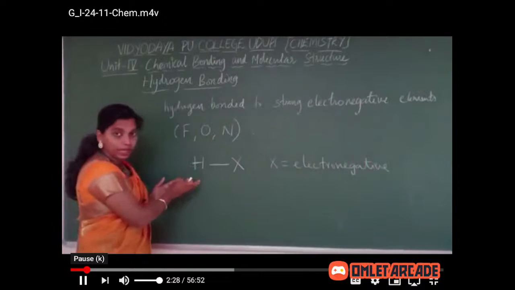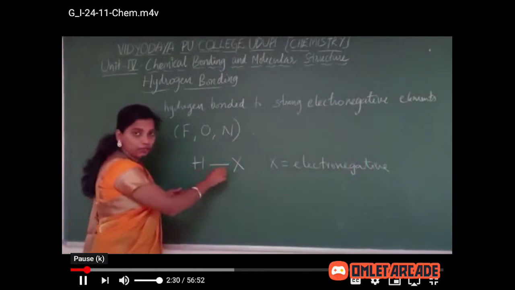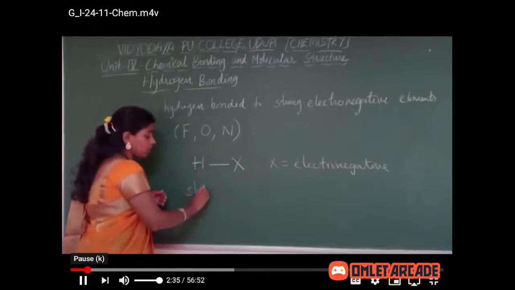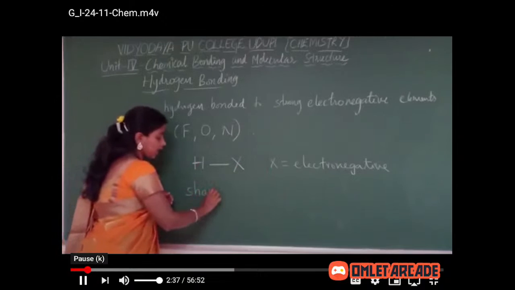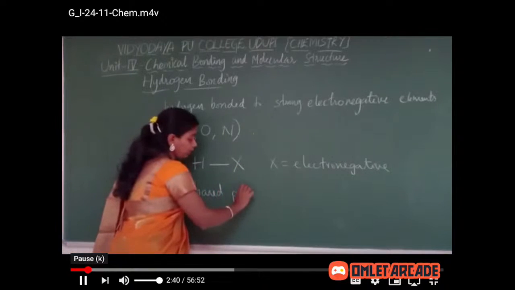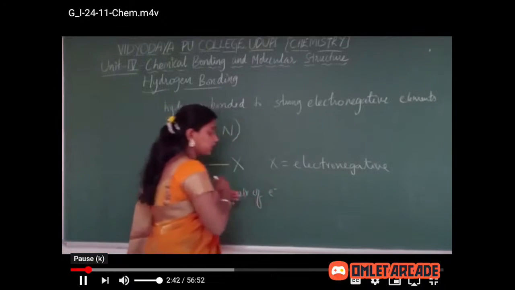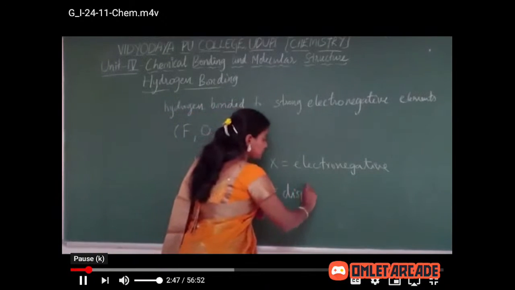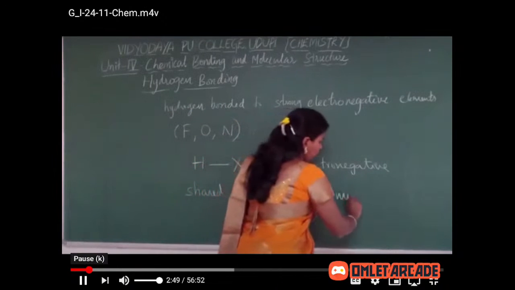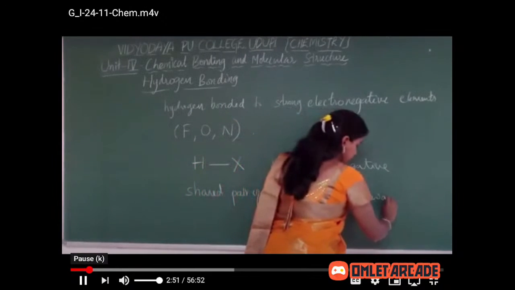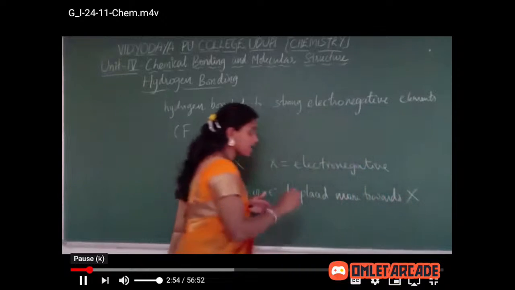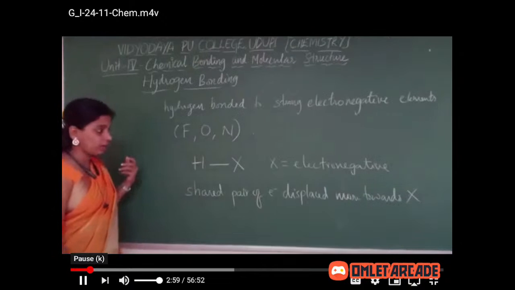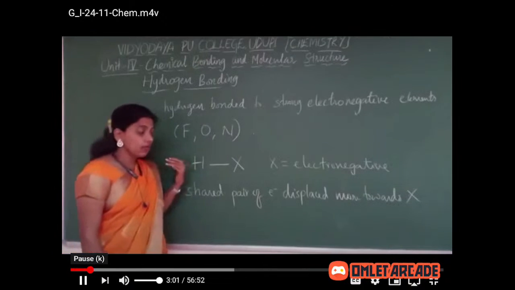So here, sharing a pair of electrons between H and X. The shared pair of electrons is displaced more towards X. Yes, as it is highly electronegative in nature, it will attract the shared pair of electrons towards itself.